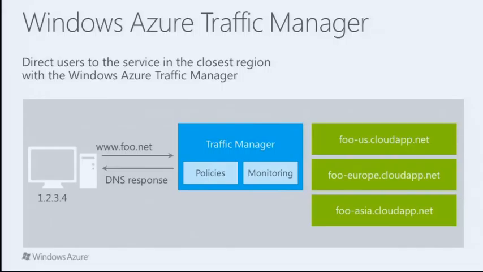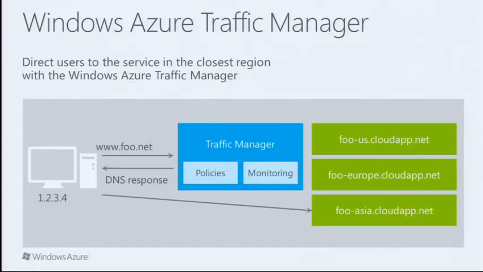So that DNS response could be foo-azure.cloudapp.net, in which case you'll then go and do a DNS lookup for that IP address, get the IP address, and the client will make a connection to it. Fantastic. Now, this monitoring thing is important because when you wire up this to Traffic Manager, we're actually going to poll your applications on a regular basis to determine if they're available.